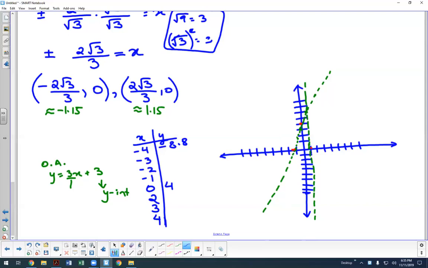So -4 at -8.8, maybe somewhere over there. -3, 7.75. I didn't get that. I think it's 5.75. Yeah. So -5.75 at -3 will be 1, 2, 3, 4, 5, 6.